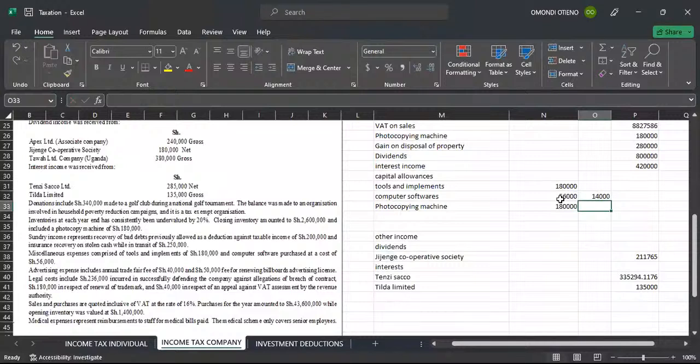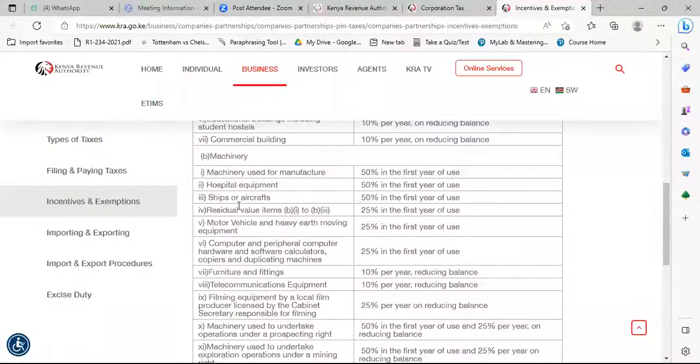Then photocopying machine. Photocopying machine, what are you going to do with it? Let's check the rate. We are being told here that we have computers and peripheral, computer hardwares and software, calculators, copiers and duplicating machines.